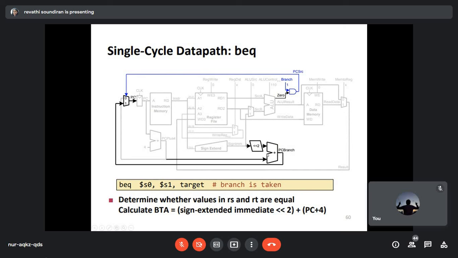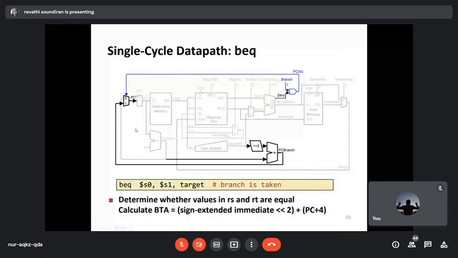So you will be going for the signed value also. Now, where it has to branch, that program counter value, that is the address, will be sent over here. So this is the control path, and this is the flow of your data path with respect to your single cycle data path with your branch.